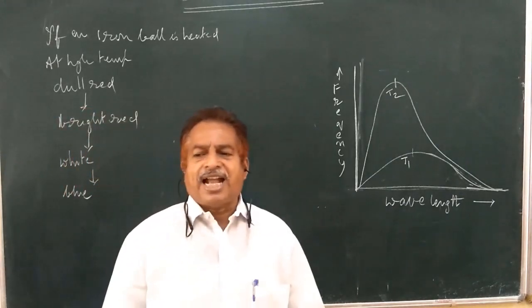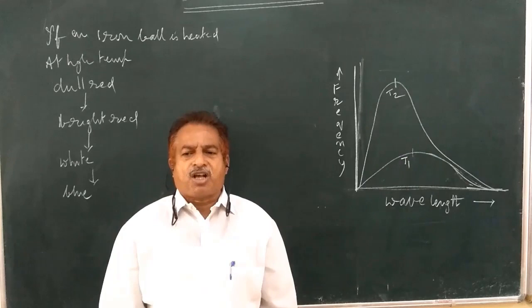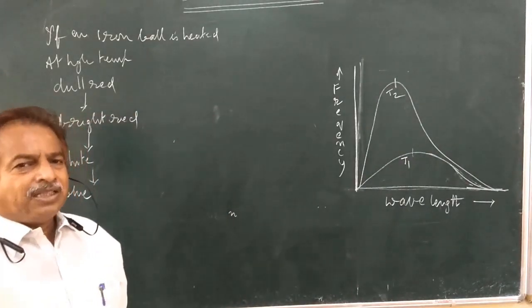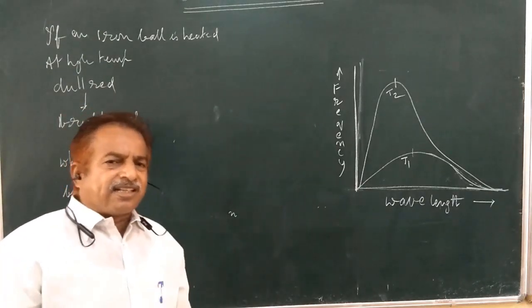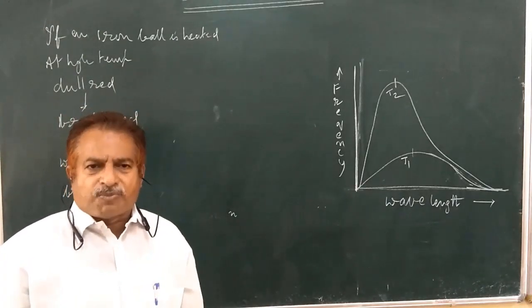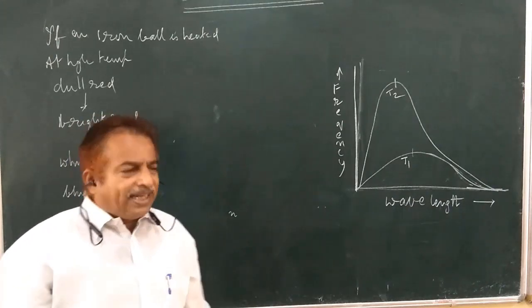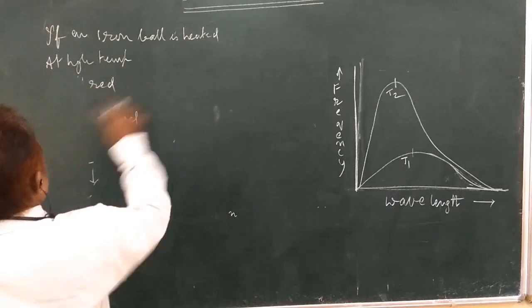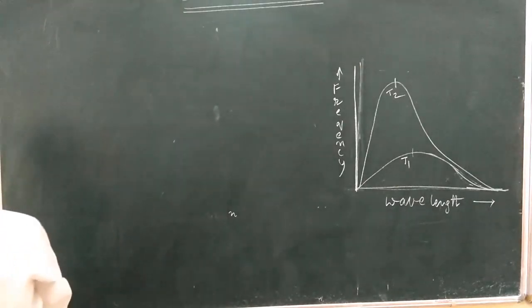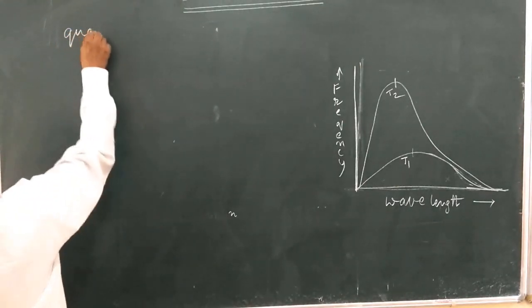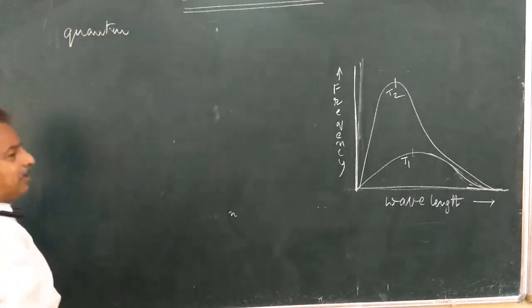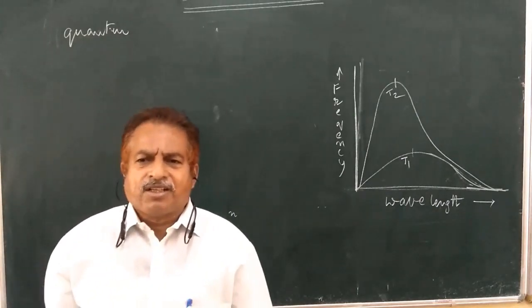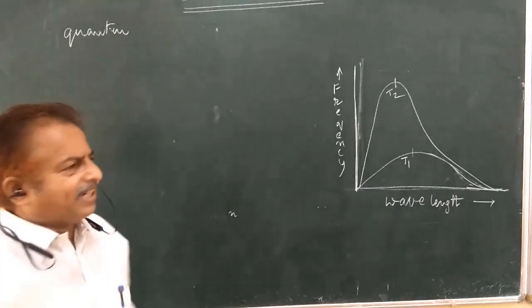He suggested that atoms and molecules could emit or absorb energy in discrete quantities instead of continuously. That means in every stage, a certain amount of energy is absorbed or radiated. He gave the name quantum to such a discrete quantity of energy. Thus, he proposed the quantum theory of radiation.